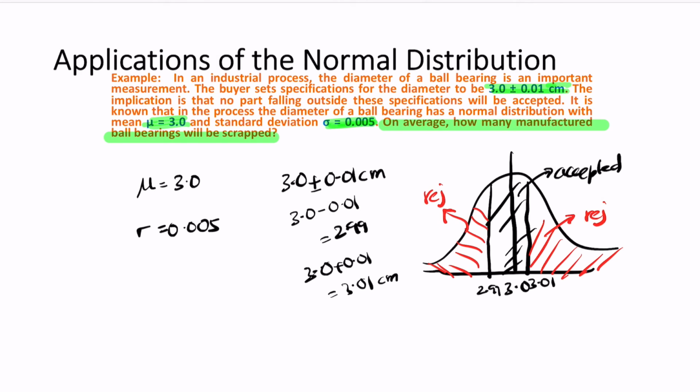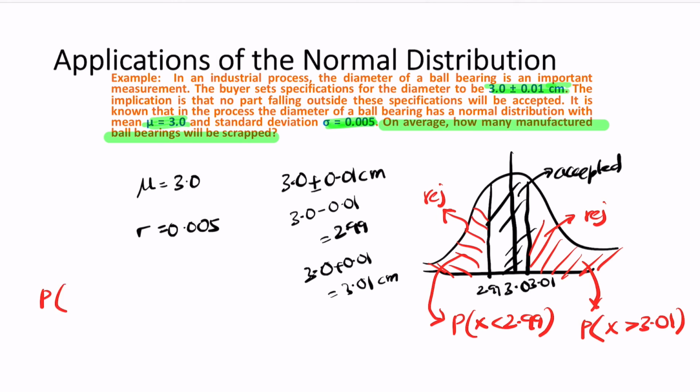One value is probability of X less than 2.99, which represents this area, and this part, which is probability of X greater than 3.01. So you have two probabilities that we have to find, probability of X less than 2.99 plus probability of X greater than 3.01. So first things first, convert these into Z values.